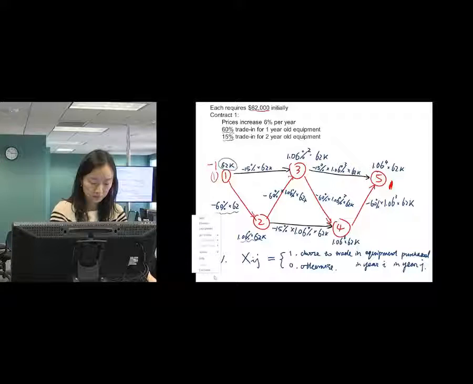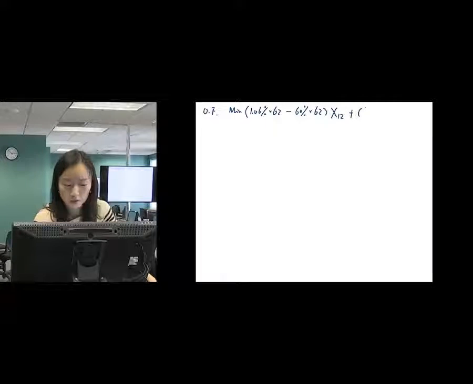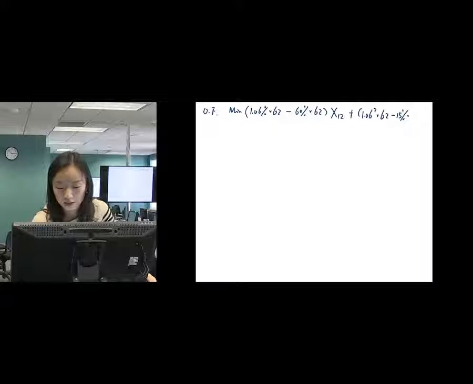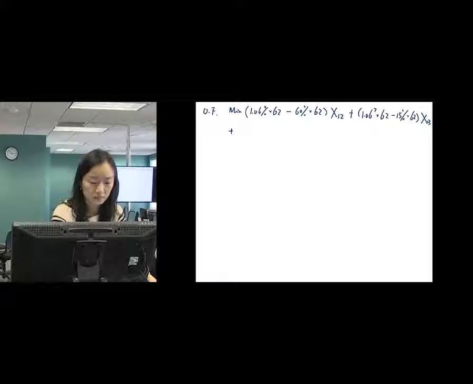Okay, so plus 1.06 square times 62. Subtract. This is a 2-year trading plan, so we only get 15% times your x13.